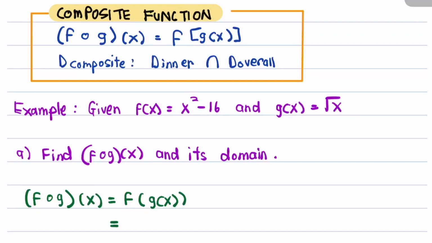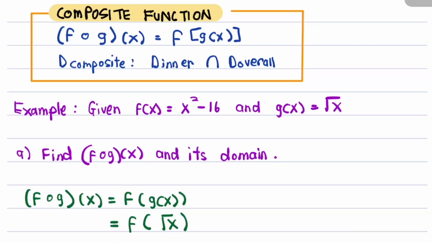Then substitute your g(x) inside the function, which is square root x.